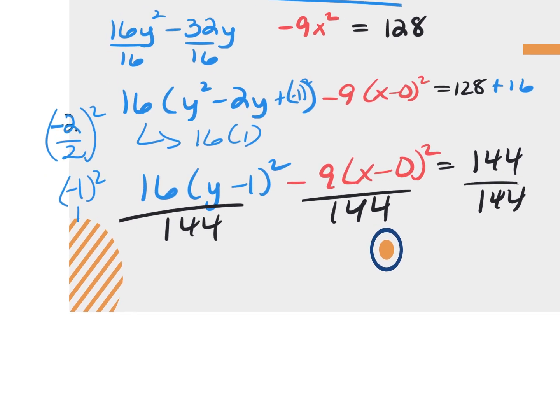And then now I can simplify the 16 and the 144. I know 16 times 9 is 144. So now I have y minus 1 squared over 9 minus, and then the same thing here, the 144 is going to turn into a 16, and that's a 1.